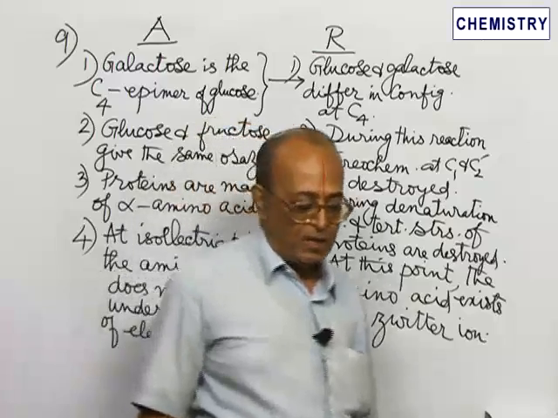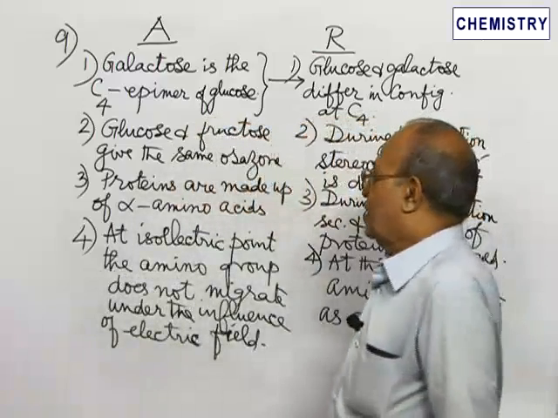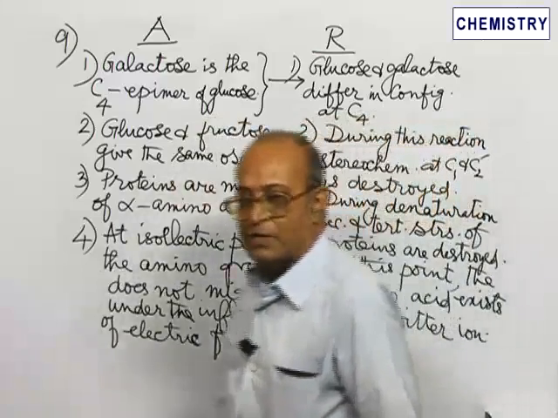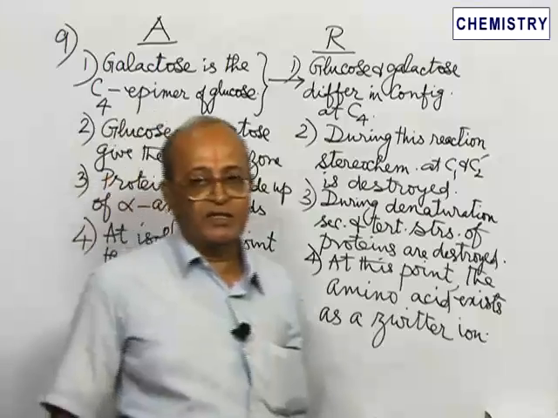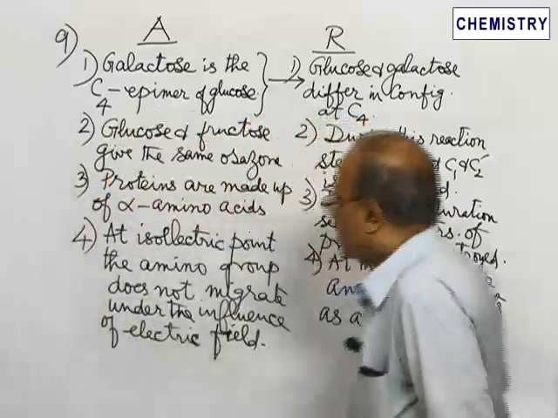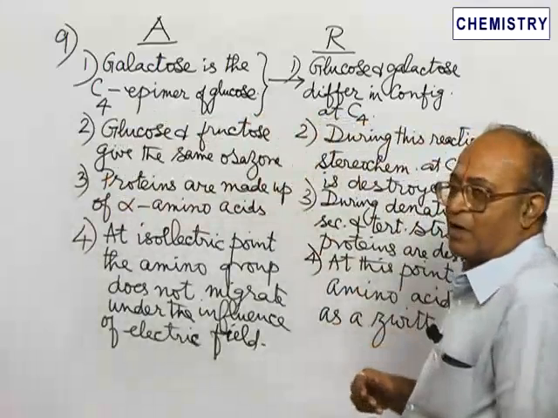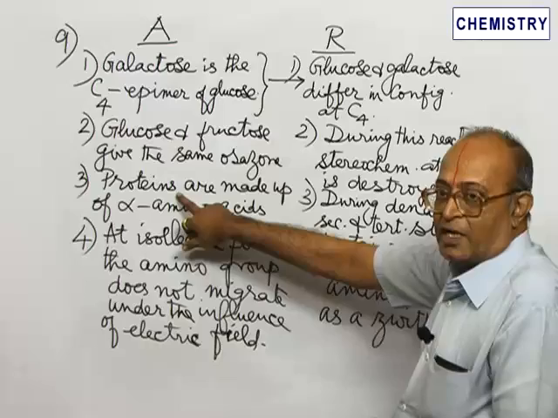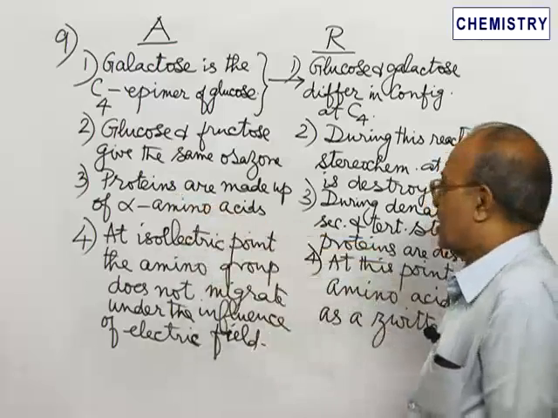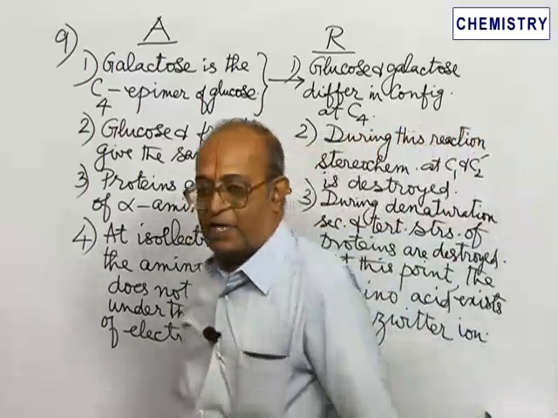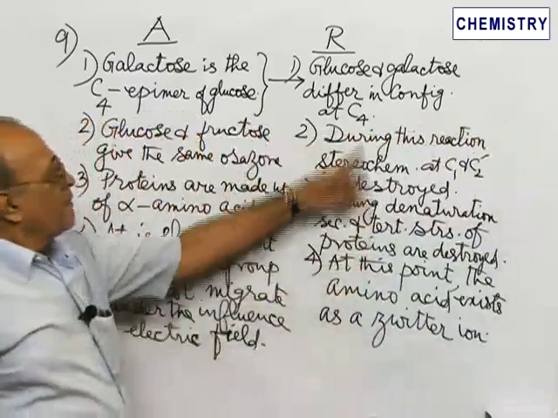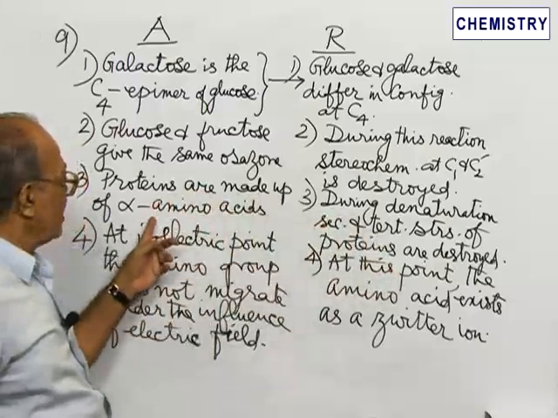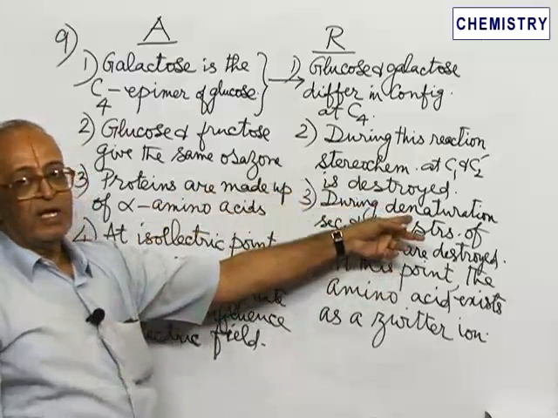Now, when we consider the protein structure, 3 types of structures are being discussed: primary, secondary, and tertiary structures. But the explanation is not correct. So for 3 under A, that statement is correct, but the explanation given under R for 3 is incorrect.